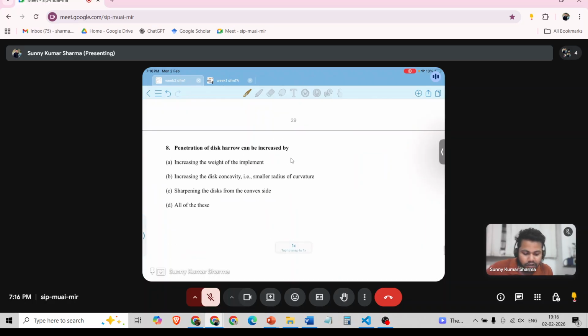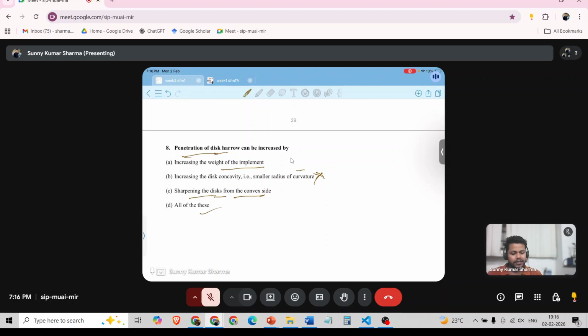Next question, penetration of disc harrow can be increased by: increasing the weight of implement, increasing the disc concavity, sharpness of disc from convex side, all of these. Increasing the disc concavity will not have any influence on disc harrow penetration.